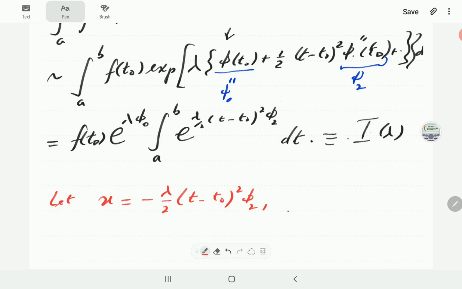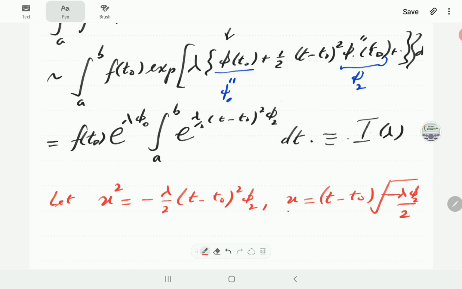Then this is u squared, so u is just going to be t minus t naught times the square root of negative lambda phi 2 over 2.